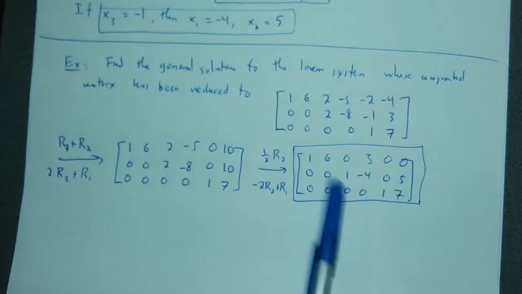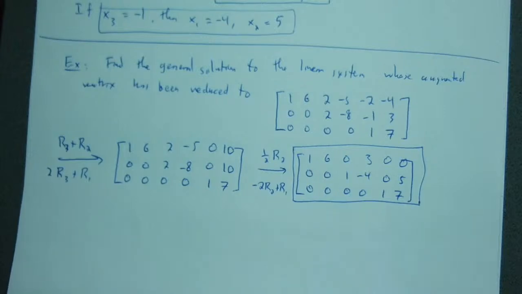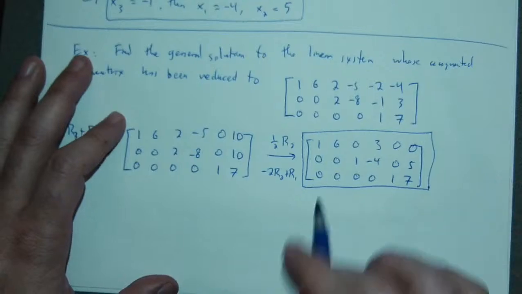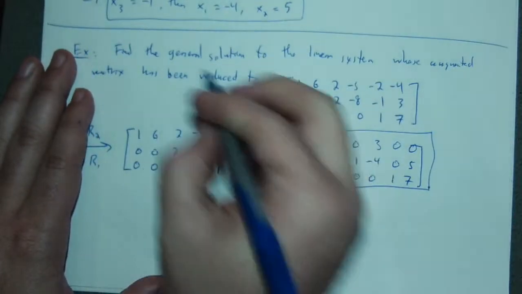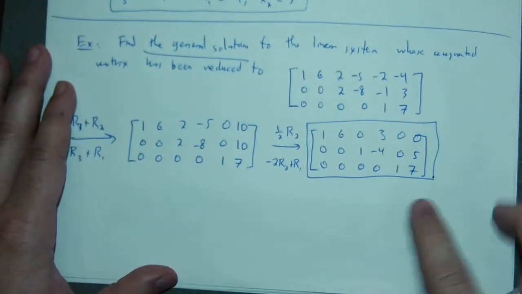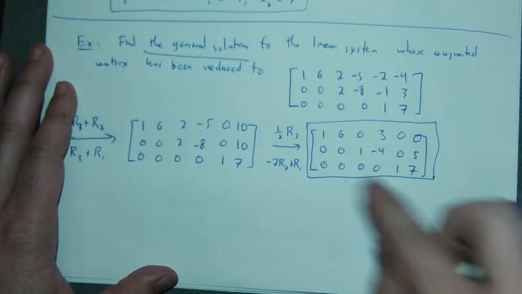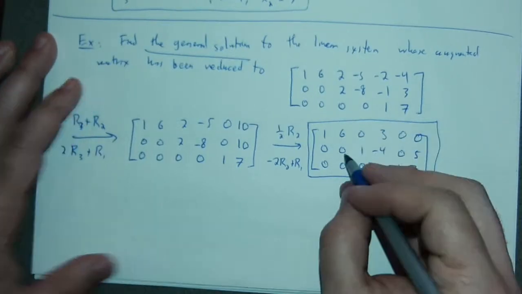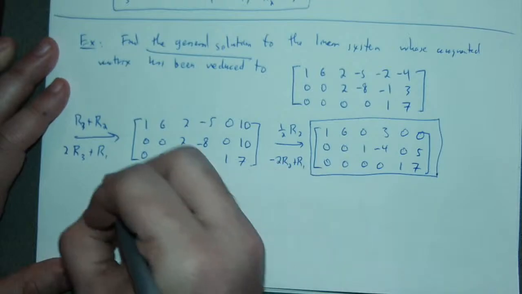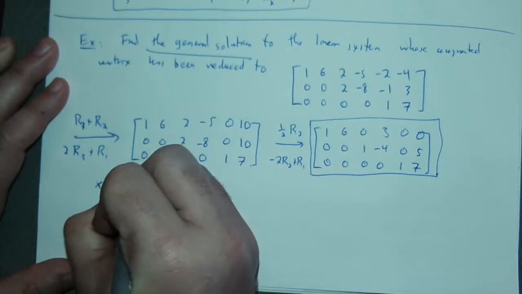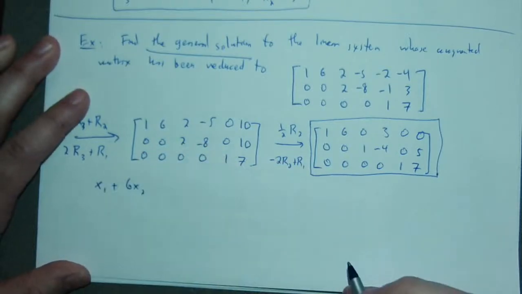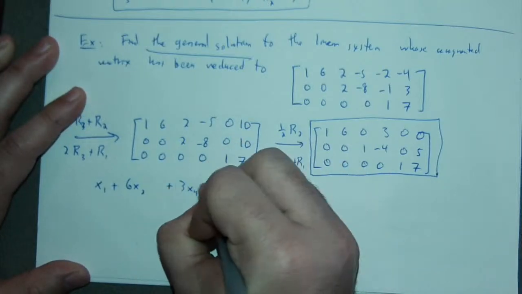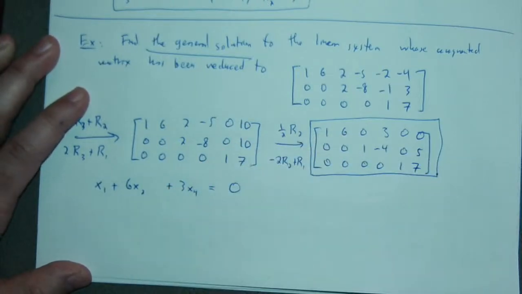Now that I have it in reduced row echelon form, I have a nice way of describing how to write out a solution to this. So I'm finding the general solution to a linear system that has this. So if I write the corresponding linear system, what does it look like? It looks like x sub 1 plus 6 x sub 2 plus 3 x sub 4 is equal to 0.